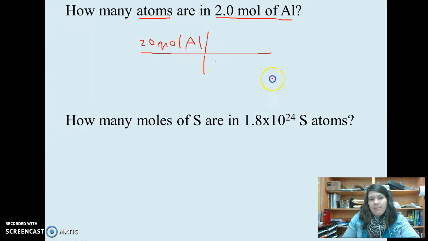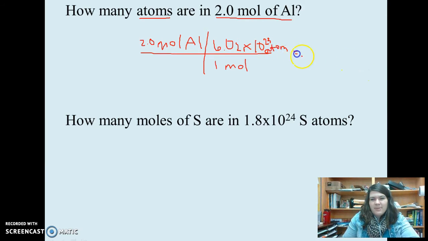If my moles are on top and I want to get to atoms, moles are going to go on the bottom. The 1 is always going to go next to the moles in this conversion, and the 6.02 times 10 to the 23rd is always going to go next to the atoms. It's aluminum, so I'd put atoms.